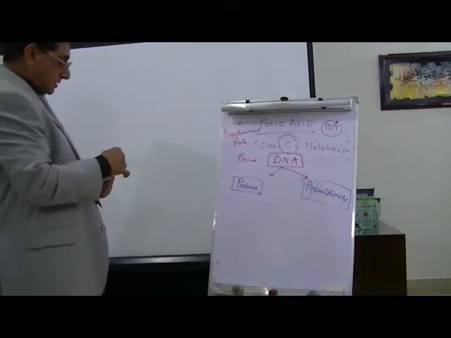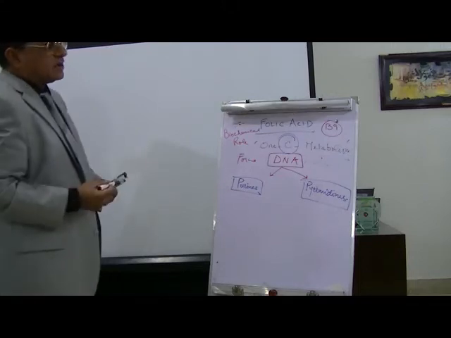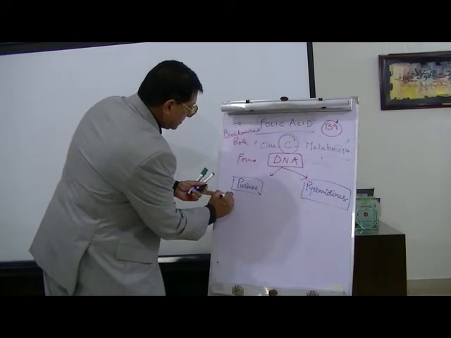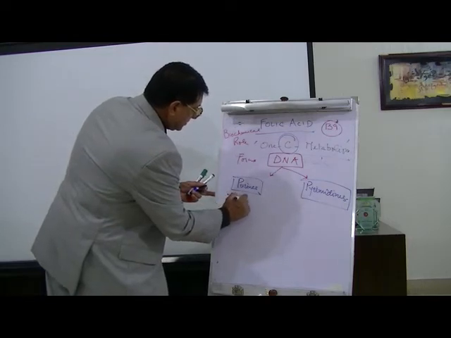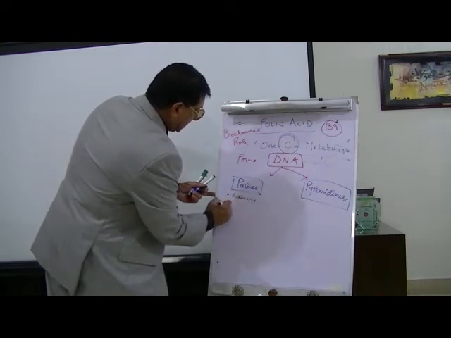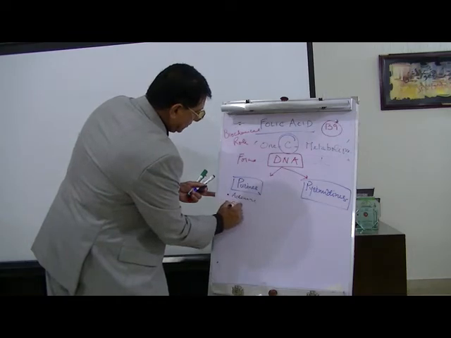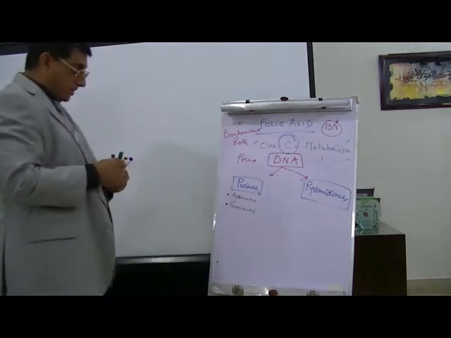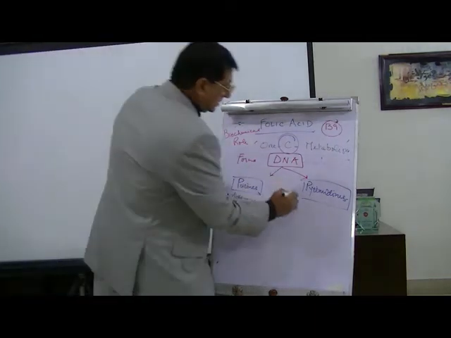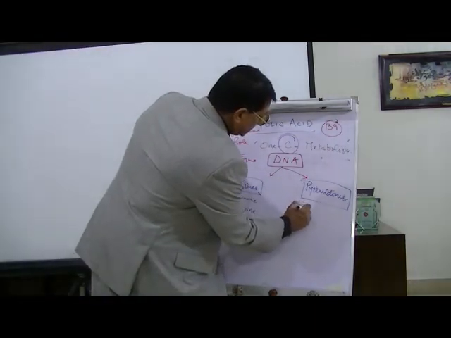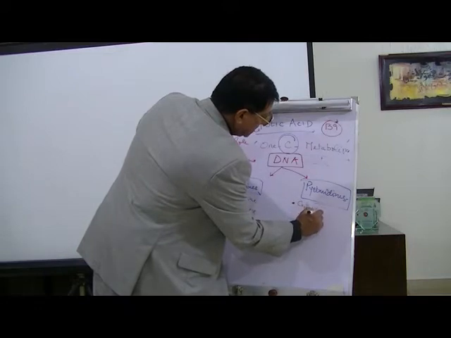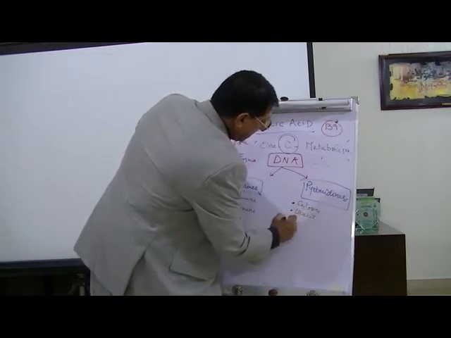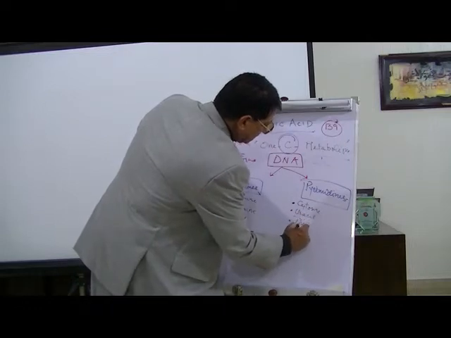Purines are adenine and guanine. And pyrimidines are cytosine, uracil, and thymine.